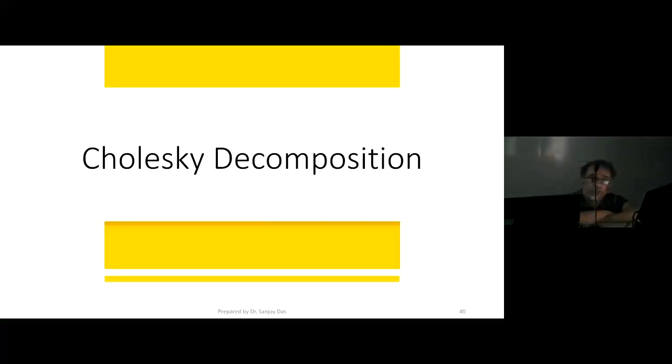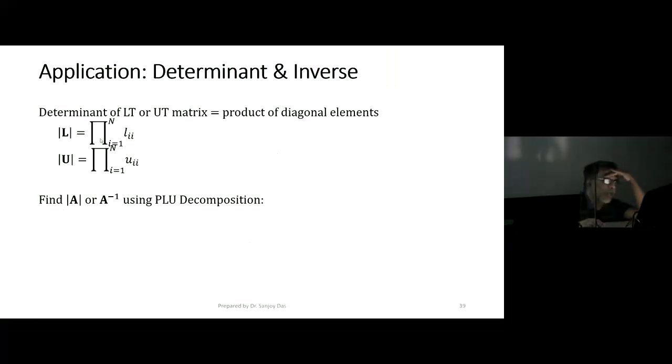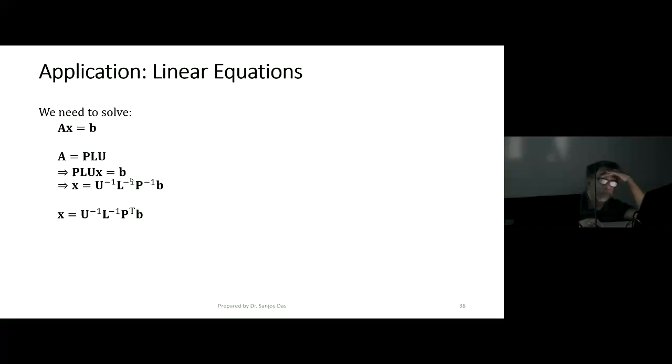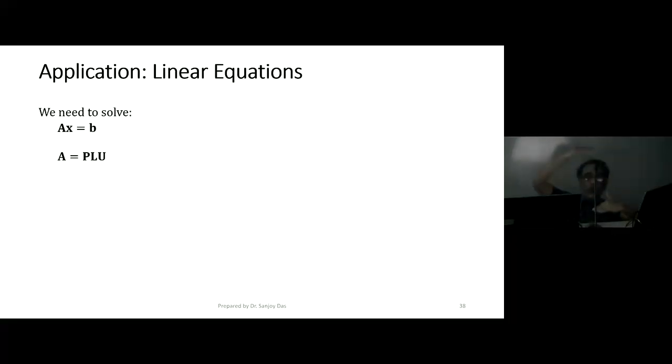Cholesky decomposition. And by the way, when A is not full rank, it's a square matrix, so it's obviously not full row rank. In that case, instead of the inversion, you take the pseudo inverse. We will do that, I think, in the very next lecture after this or the lecture after that.